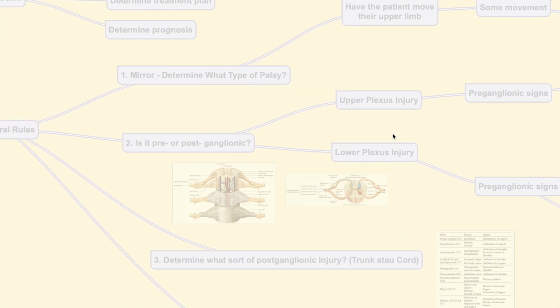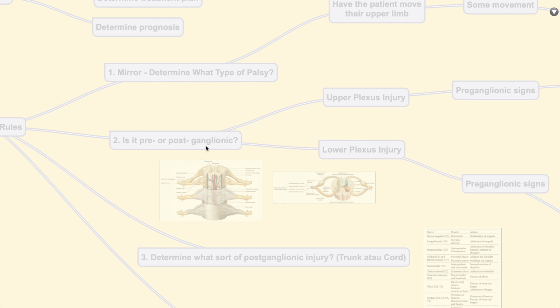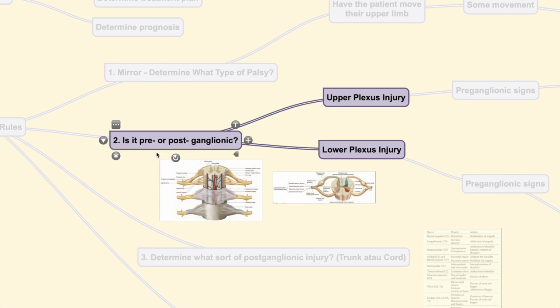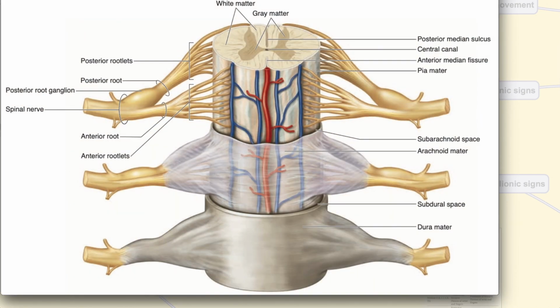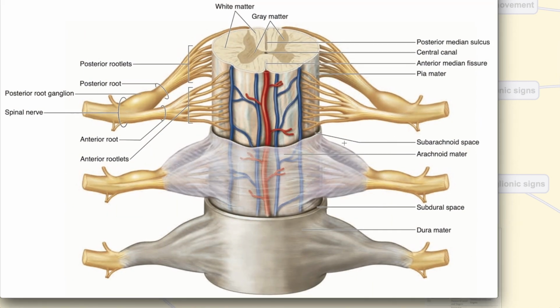The next thing I would like to determine is whether this injury is a pre-ganglionic or post-ganglionic injury. Now, as you might recall this picture from my previous anatomy video, these are the ganglions and these provide the sensory innervation. So injuries that occur before this structure or around here are known as preganglionic injuries, while injuries that occur after this root ganglion are known as postganglionic injuries.